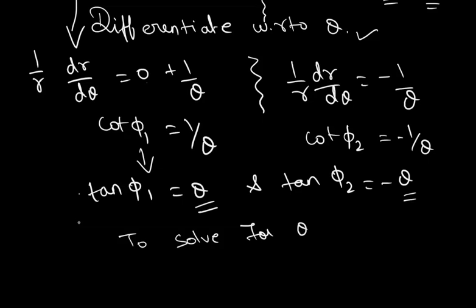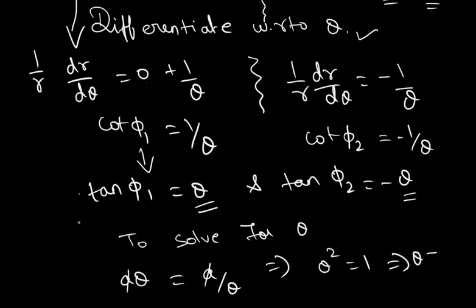When we solve for theta, your first curve is r equal to a theta and the second is r equal to a by theta. I am equating because both are r. When I cancel it, theta square becomes 1, which implies theta is plus or minus 1.